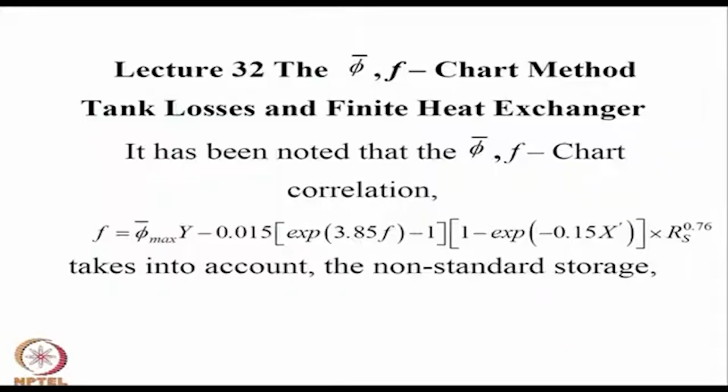So, today in this lecture we shall proceed how to account for solar tank losses in the solar energy system, which is being calculated by the Fibonacci chart method as well as the finite heat exchanger. So, we shall just recall the correlation.